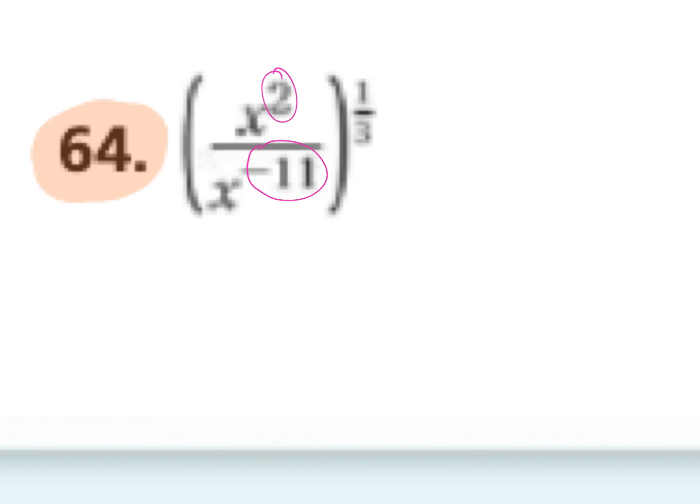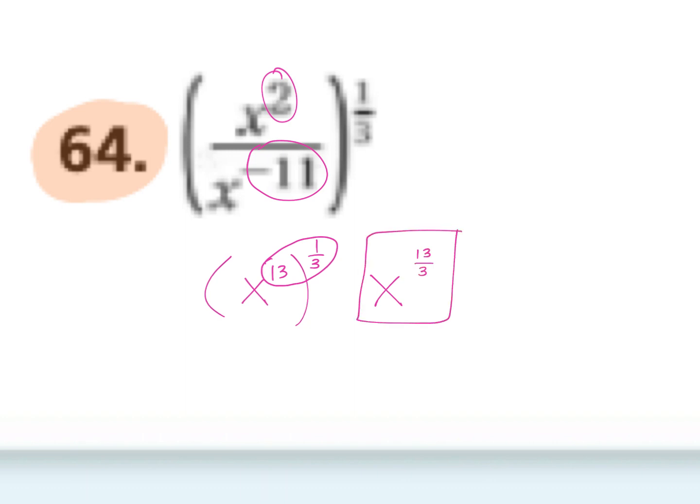So 2 minus a -11 is a positive 13. So x to the 13th power to the 1/3 power. Okay. And then from there, now all you have to do is multiply those. So that's x to the 13 over 3 power, and you're done.